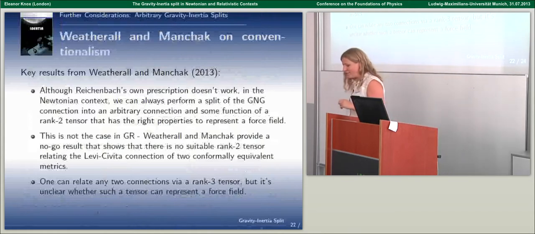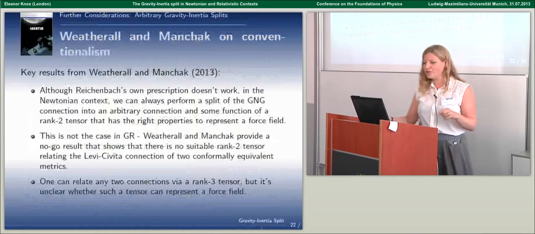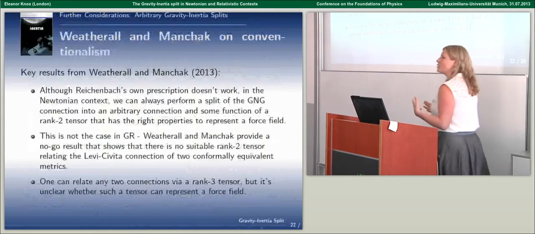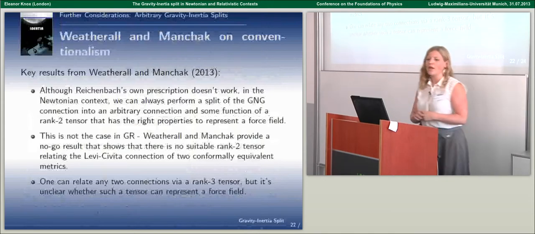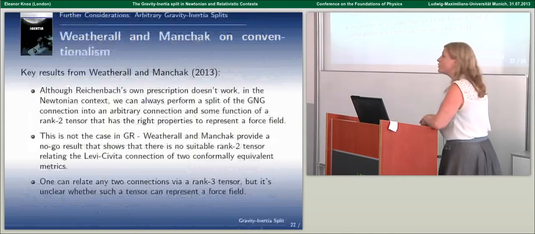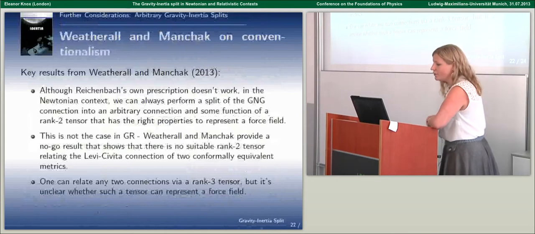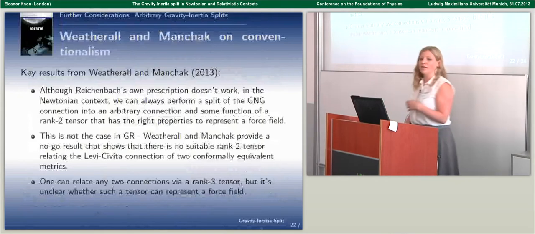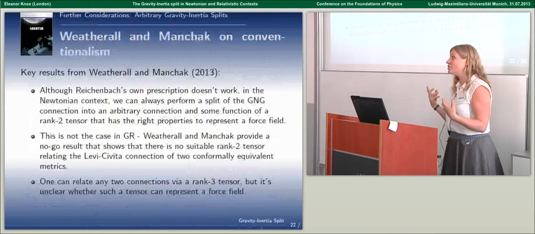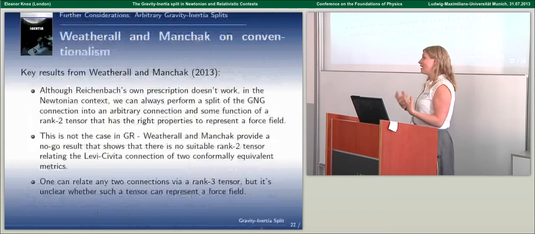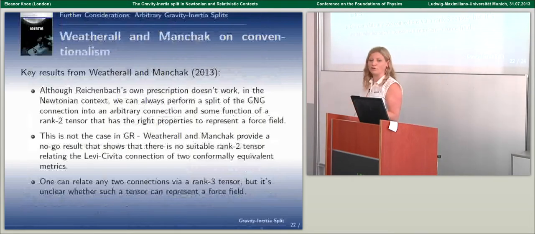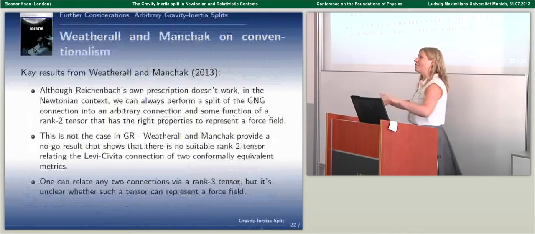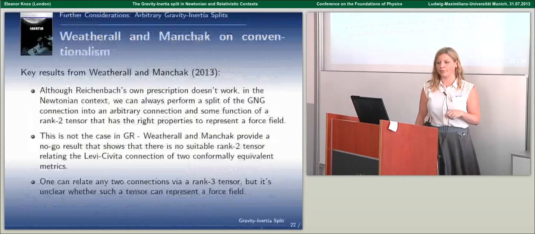This paper by Jim and John looks at what kinds of conventionalism are possible in Newtonian and relativistic contexts, and points out that although Reichenbach's own prescription doesn't work in the Newtonian context, there is a perfectly reasonable way to split the geometrized Newtonian gravitation connection into an arbitrary connection and some function of a rank 2 tensor. And that rank 2 tensor is going to have the right kinds of properties to represent a force field. So in Newtonian gravitation, this kind of arbitrary conventionalist gravity-inertia split is possible.